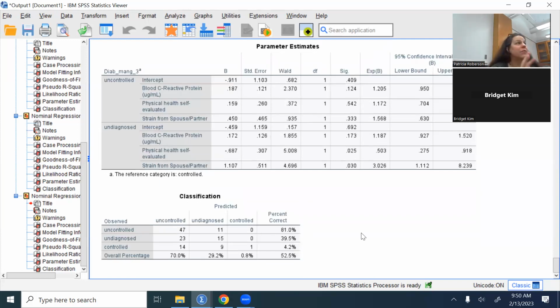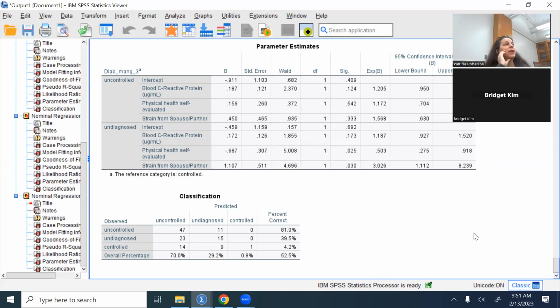So the classification table is part of the preliminary model fit, like how well did we do with this model? Which you should report before your results, though it comes after. It's a little counterintuitive, but it does come after, but you should report it before.